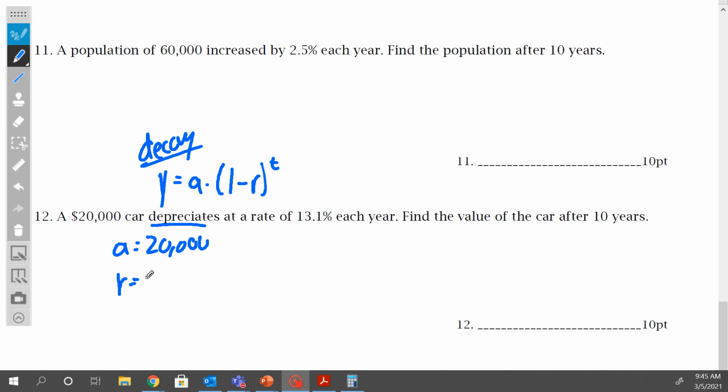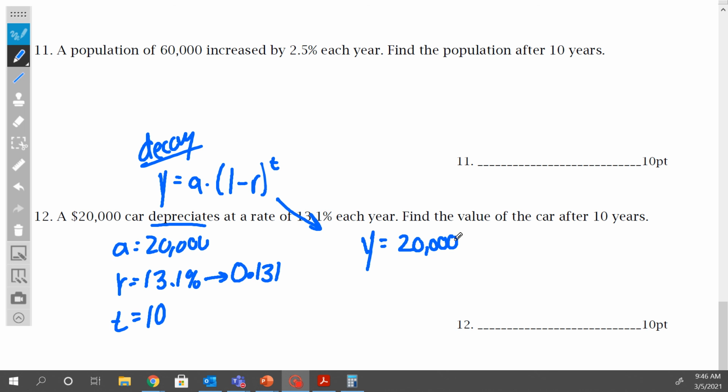R is the rate, which is 13.1%. Divide that by 100, gives you the decimal, 0.131. And the time period is 10 years. Put this all into the formula here. Y equals 20,000 times 1 minus 0.131 to the t power.